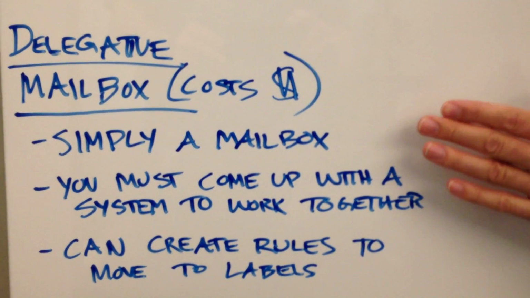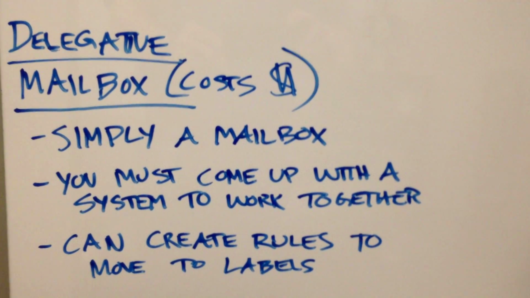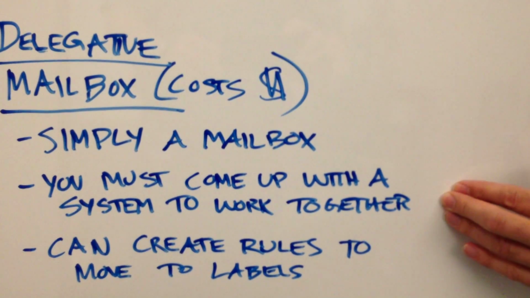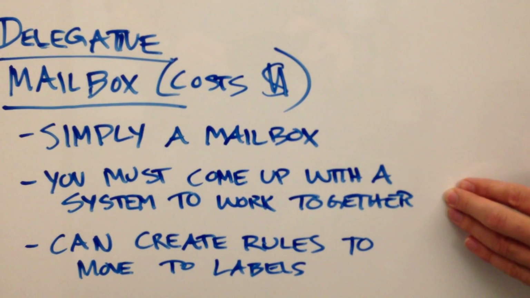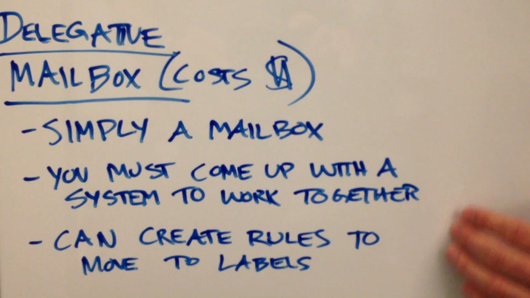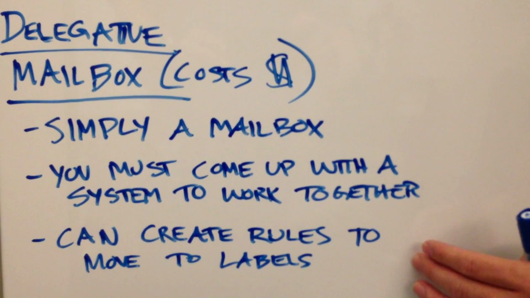Delegative is simply a mailbox. It's a separate inbox, but you've got to come up with your own system. So you don't have the tools that what we're calling a collaborative inbox has. You've got to come up with your own system, but it allows you to create rules to move things to labels.